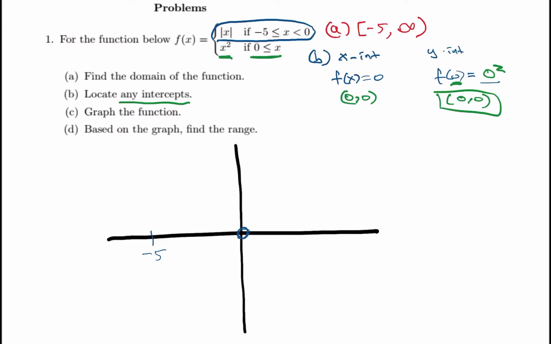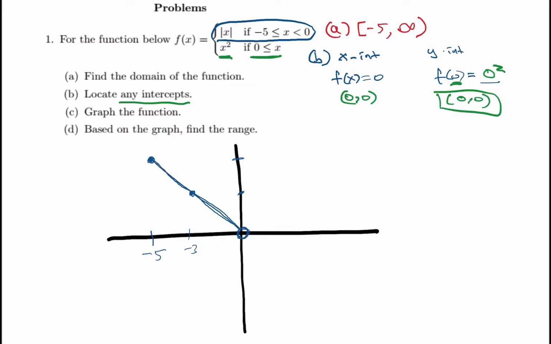We know the absolute value function: if I plug in -5, I should get 5. If I plug in, let's say, -3, I should get +3, right? Because we're taking the absolute value. This is one of the toolkit functions, so you should be familiar with the basic shape of this graph.